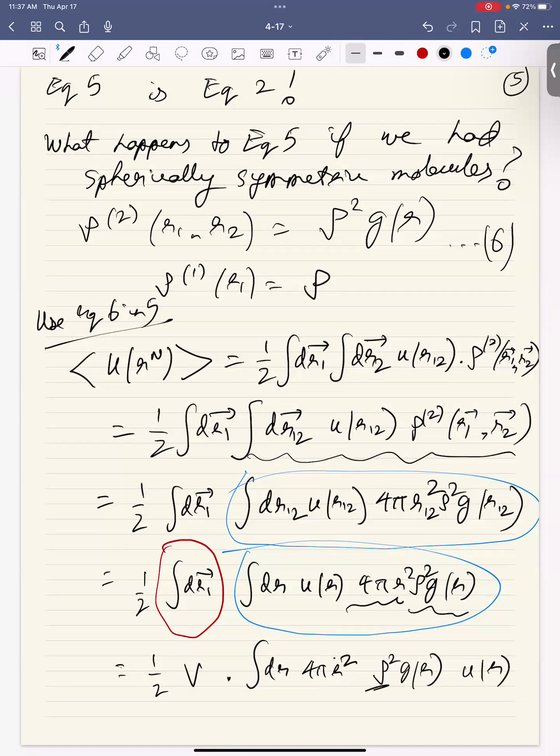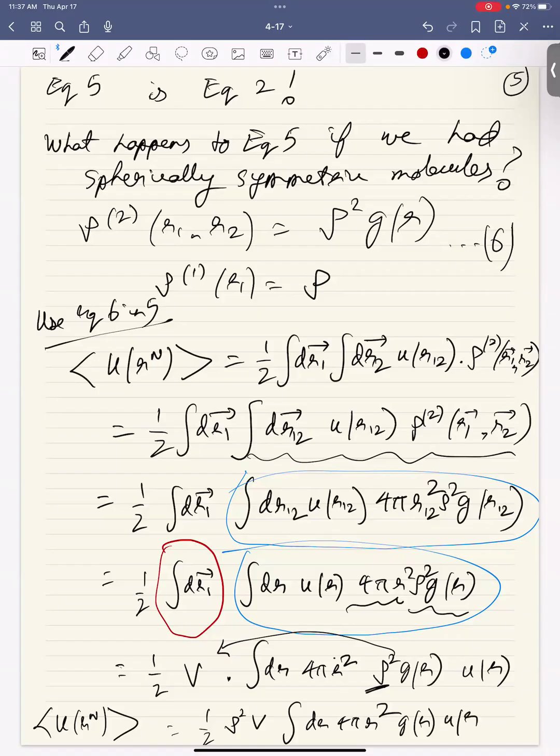So this rho square, I'm going to bring outside over here. It does not depend on r, it's independent. So I get capital U of Rn averaged is half rho square V integral dr 4 pi r square g of r u of r.